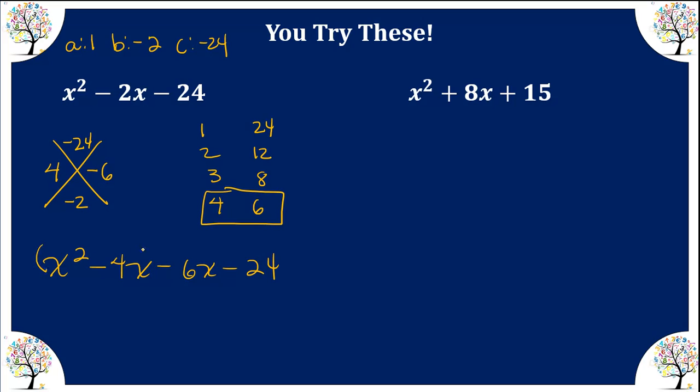I'm going to group the first two. Don't let your subtraction get lost. Factor out the GCF. When I divide negative 6 into negative 24, this should be positive here.